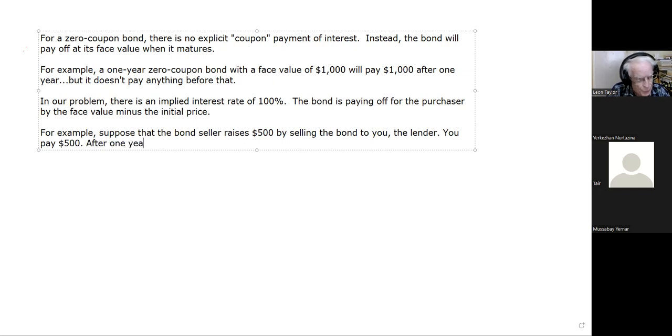After 1 year, you collect $1,000, the face value of the bond.